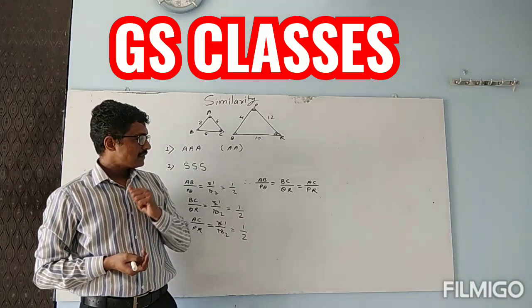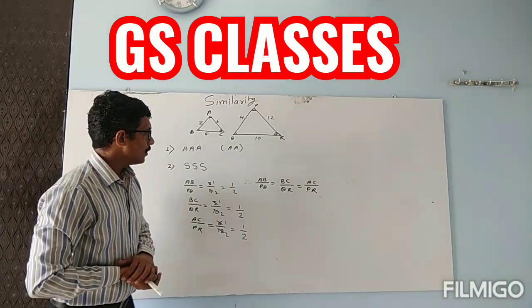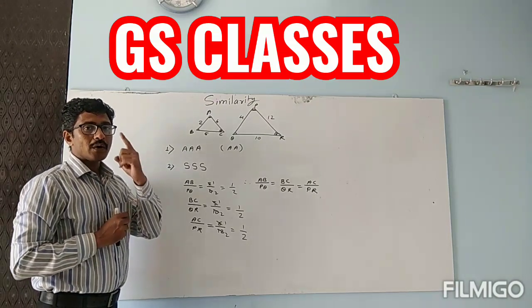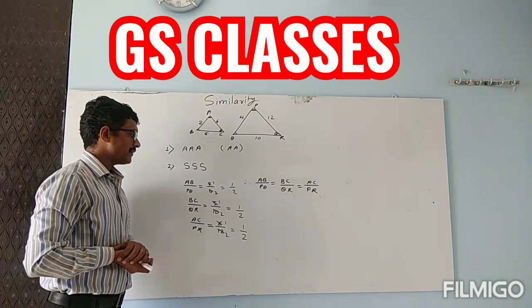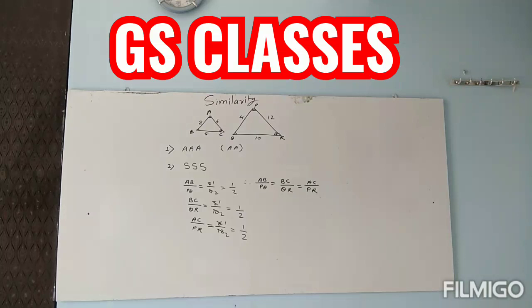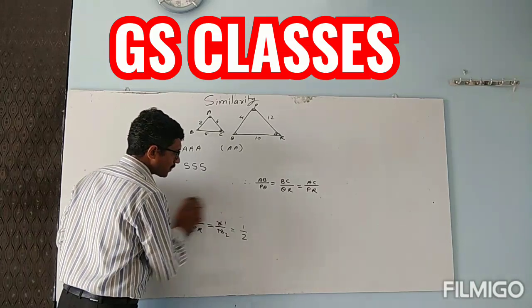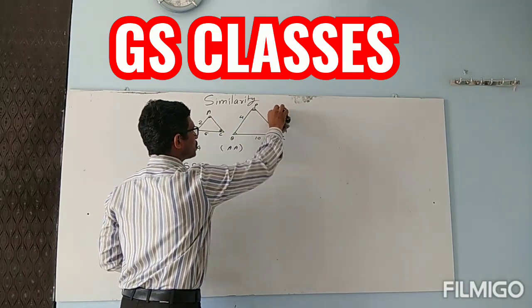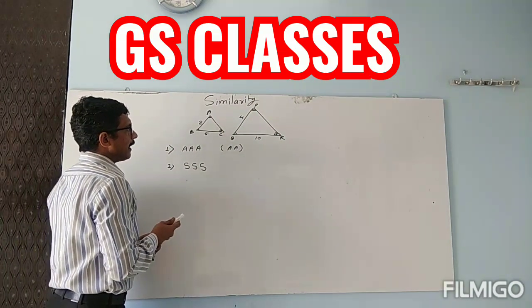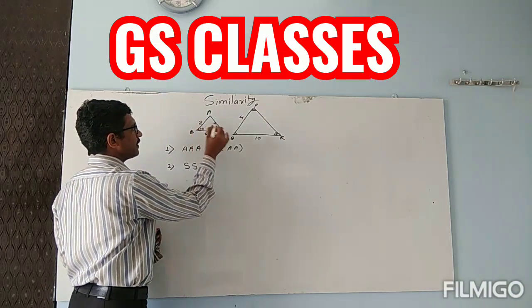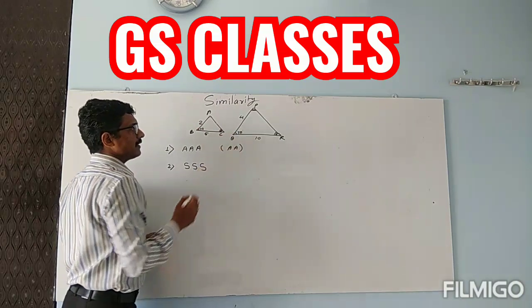So, children, the question comes, do we have only these two criteria? No. We have got one more criteria of similarity. Now, what is that one? That third criteria for similarity is, suppose we are given only two sides and we are informed that here the angle is say 70 degrees, here also the angle is 70 degrees.